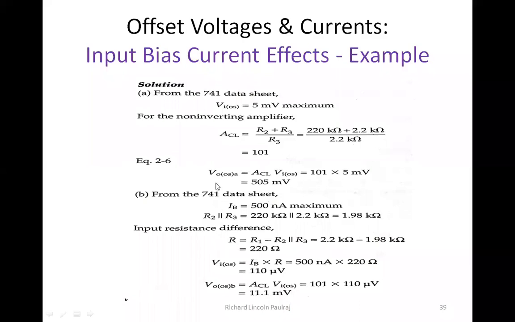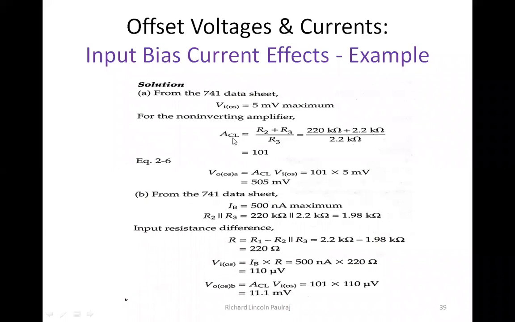And this is our final formula, which is V naught. They're telling us to find the output voltage which is offset, and that is equal to your gain, which is ACL, the closed loop gain, times the input offset voltage, right? Ultimately even this is also a voltage, but it is the input voltage along with the gain.